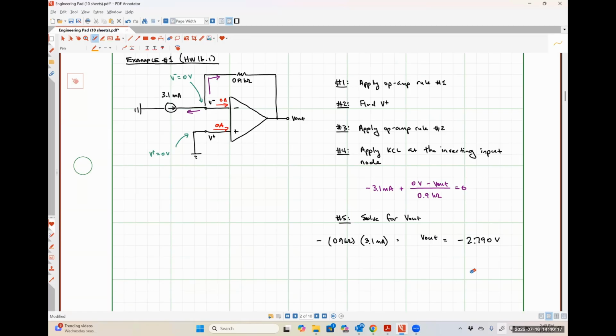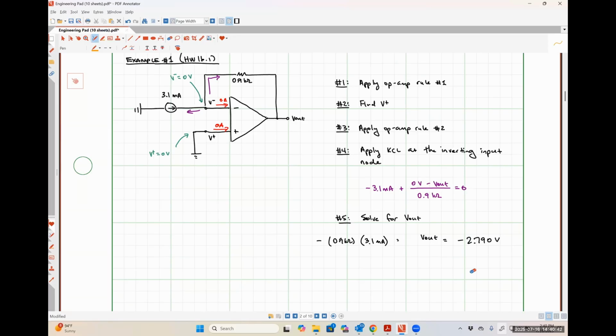This little 5-step process will work for the overwhelming majority of the op-amp circuits that you are going to deal with in this class, and also the overwhelming majority of op-amp circuits you might ever be asked to implement in a real system.